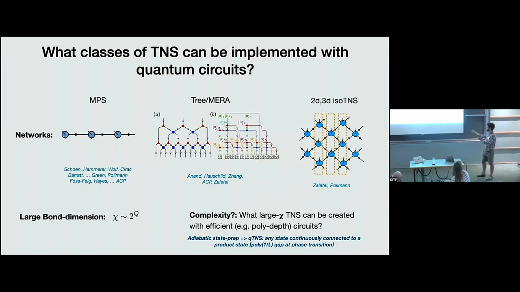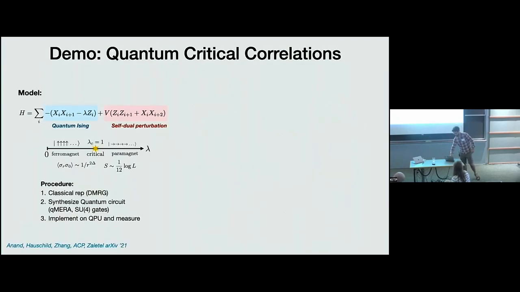And you may be able to do better. This is just a simple argument. So I think polydepth circuits will generate almost any physical state that you care about, and you can maybe even work on improving the polynomials or the constants.